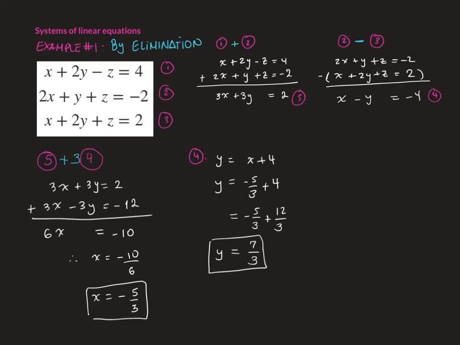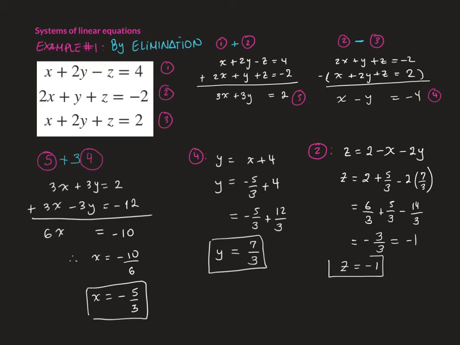And so I'm going to take equation 2. So from equation 2, I'm going to solve for z. So z is equal to minus 1.